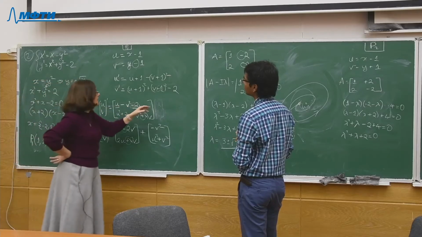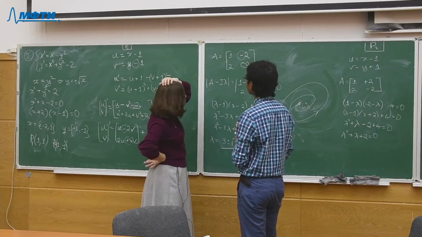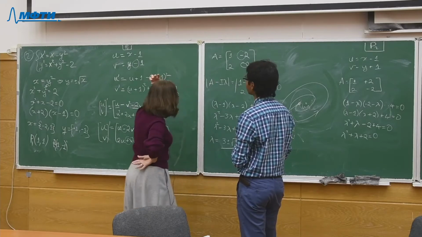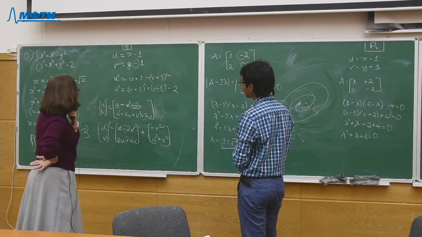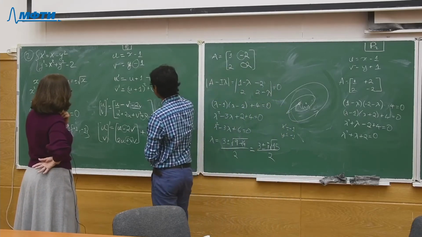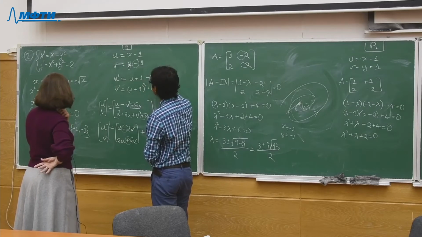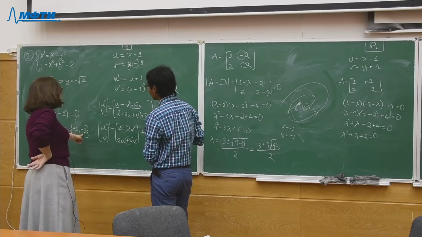Maybe in the preceding case it was plus 2, and that was a mistake. No, in the preceding case there is no mistake, because it was minus v, and now we have minus.